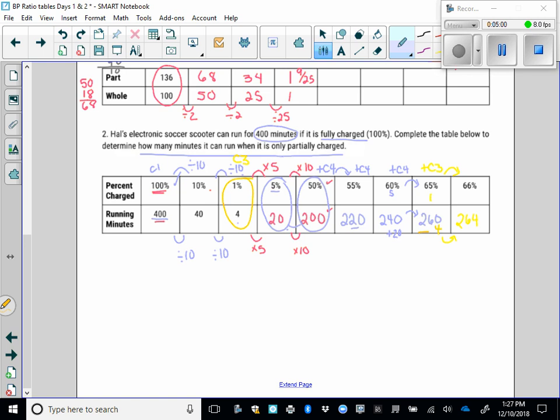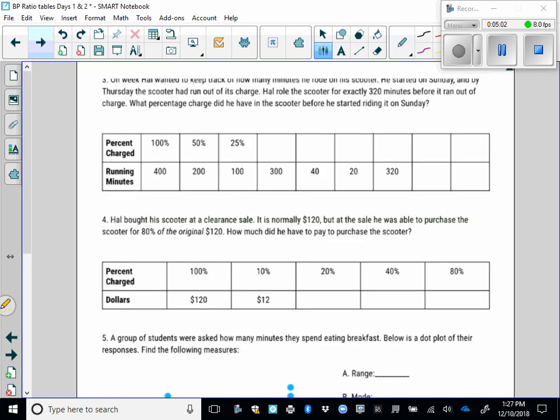So we're going to take a look at problem 3. Remember, if you haven't tried problem 3, you should pause the video and try it yourself. It's a little cut off there. It says one week Hal wanted to keep track of how many minutes he rode on his scooter. He started on Sunday, and by Thursday, the scooter had run out of its charge. So this is Sunday, right here, 100%.